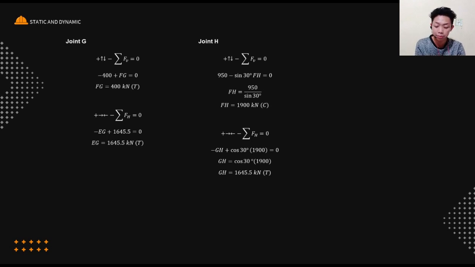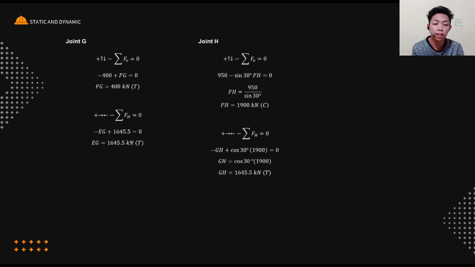Yung RH natin is may value na siya na kanina na 950 kN. So, magsimula muna tayo sa summation forces vertical. Pagpataas, positive, and then pagpababa is negative. So, yung 950 natin, pataas siya, so magiging positive. Then, yung sin 30 degrees, FH natin, is magiging negative, kasi pababa yung direction niya.